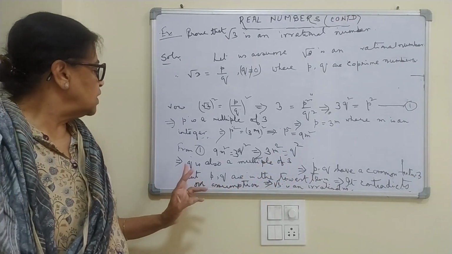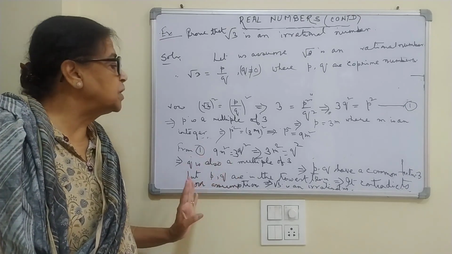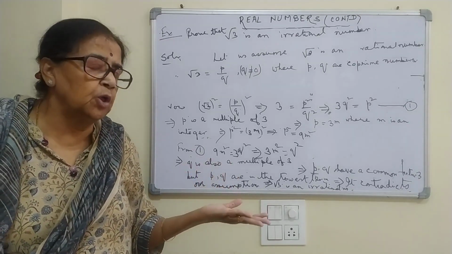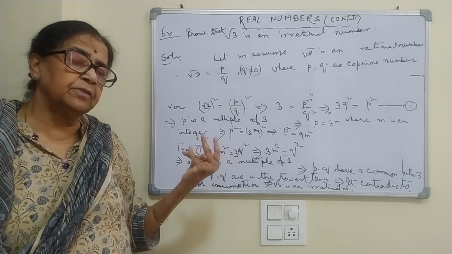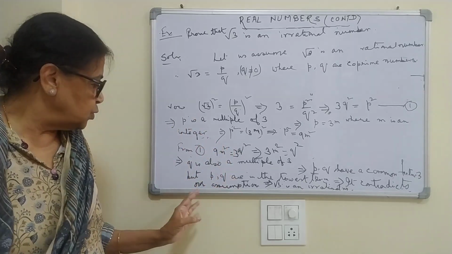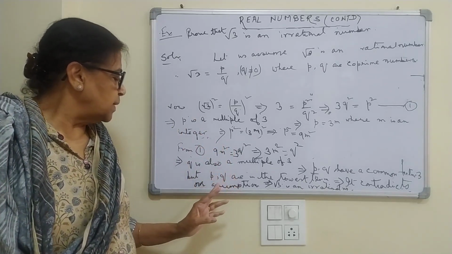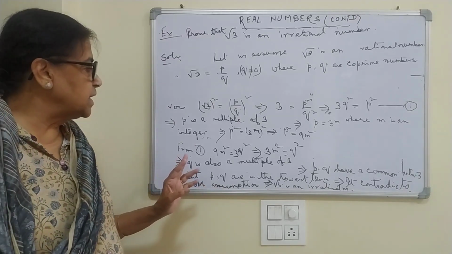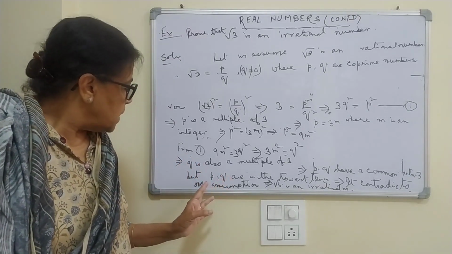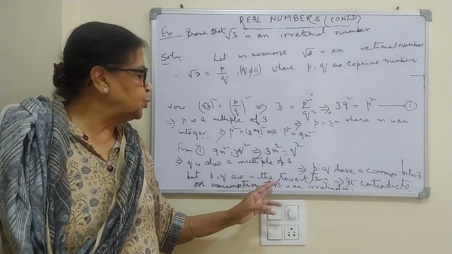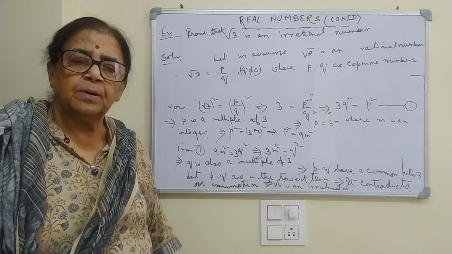That means it contradicts our assumption, that P and Q do not have a common factor. So by contradiction, it contradicts our assumption. Therefore, root 3 is an irrational number.